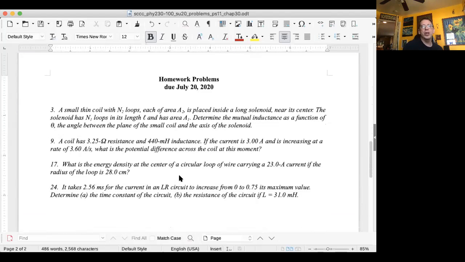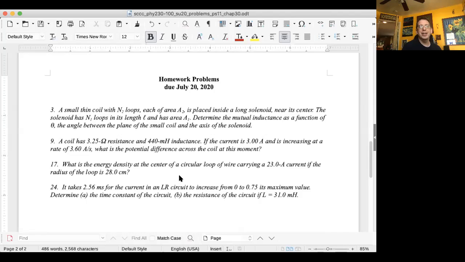A small thin coil with N2 loops, each of area A2, is placed inside a long solenoid near its center. The solenoid has N1 loops in its length L and has area A1. Determine the mutual inductance as a function of theta, the angle between the plane of the small coil and the axis of the solenoid.